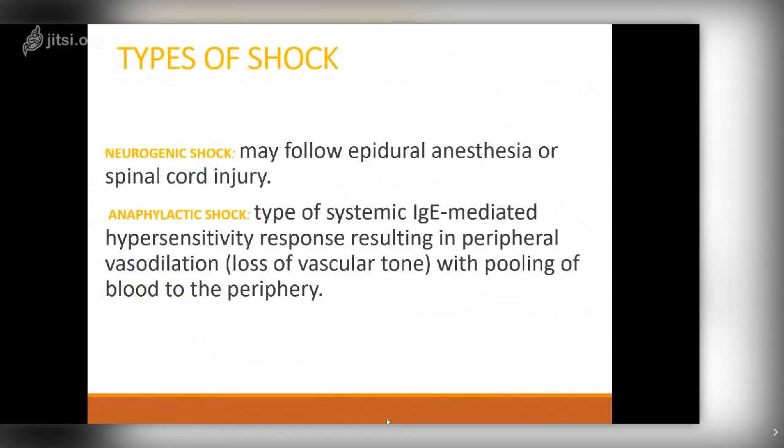Also, in literature, you may find such types of shock as neurogenic shock if there is severe damage of spinal cord, and anaphylactic shock.